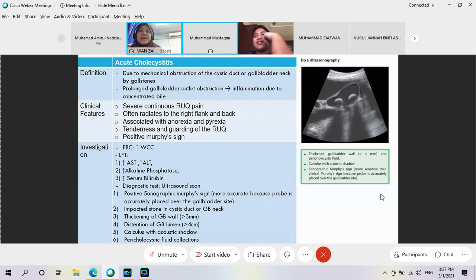Mustaqim. Apa beza biliary colic dengan acute cholecystitis? If you can understand from what Fadlan has discussed just now. What is the difference? Kalau cholelithiasis is a stone inside the gallbladder, but acute cholecystitis is an obstruction.